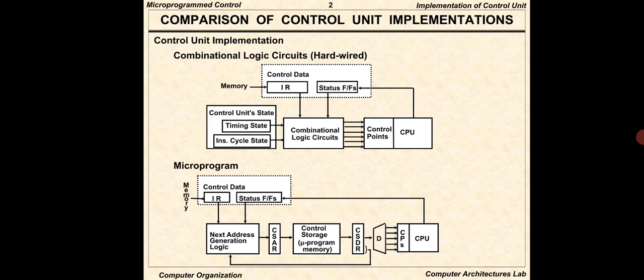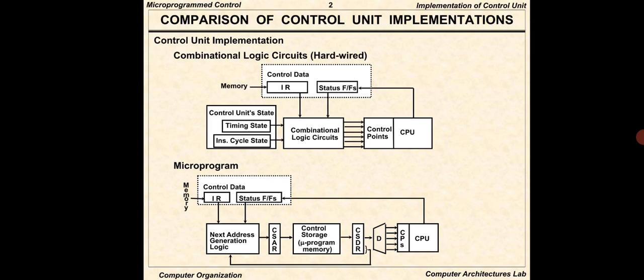The next address generation logic is used to generate a memory address, the memory address of my microprogram, that is, from where I need to go and execute the program. That memory address is generated by this next address generation logic.